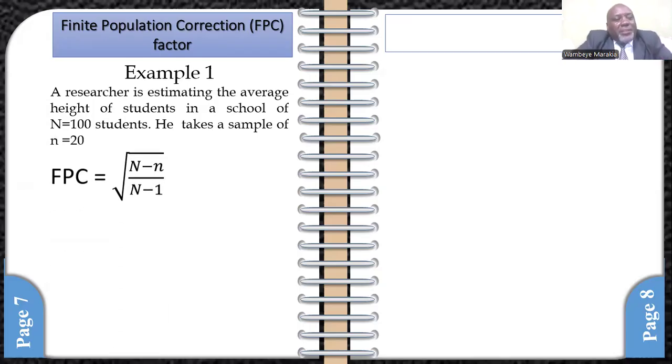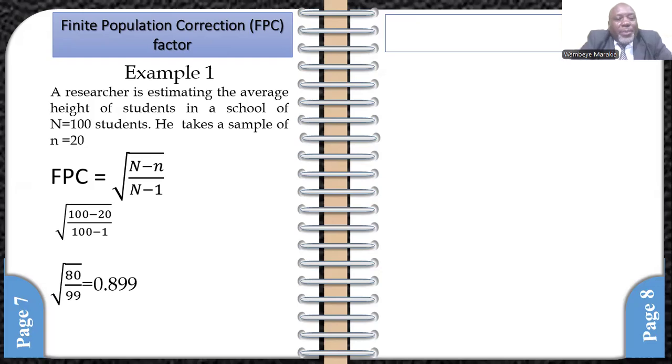The finite population correction is given by the root of population minus sample, all over population minus 1. This gives us 100 minus 20 all over 100 minus 1, and all this is in the root. This gives us root 80 over 99.